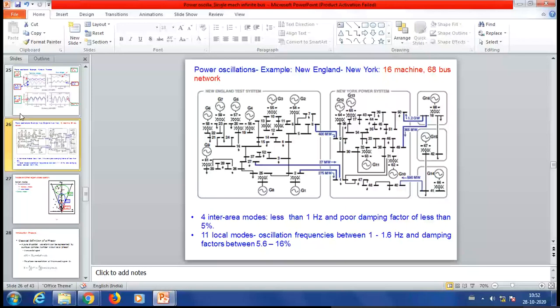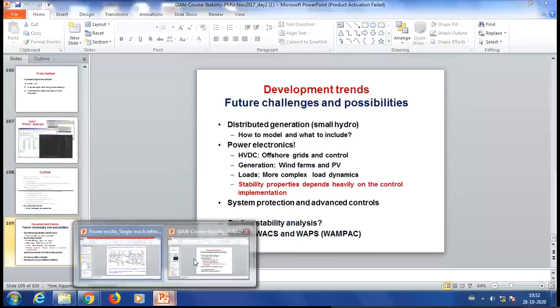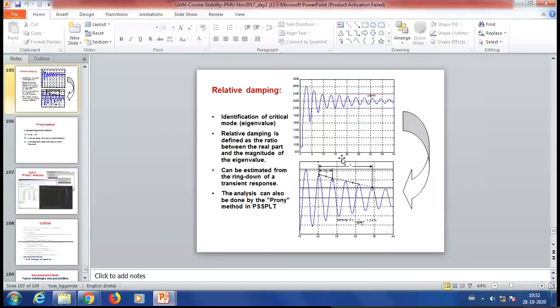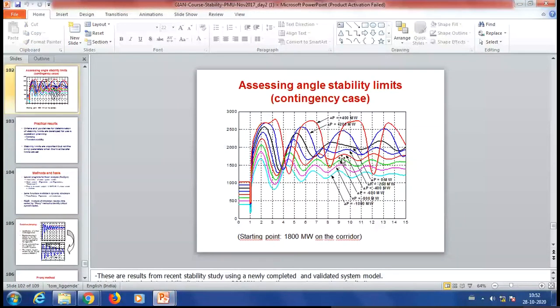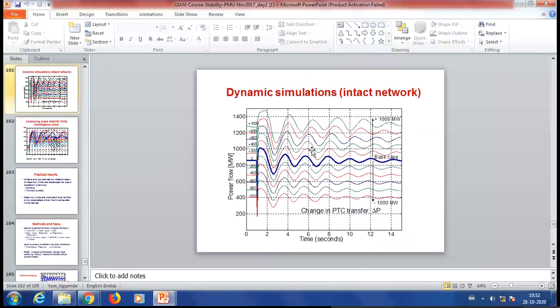So if by some means we are able to design the controller to damp out these oscillations, then in that case we can even load the line up to 2200 megawatt as well.